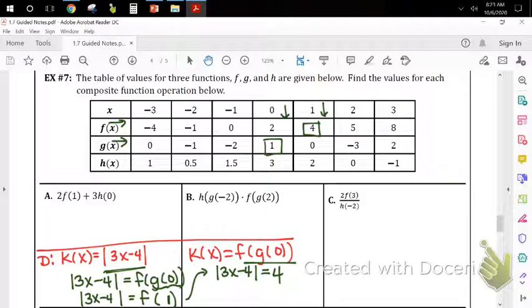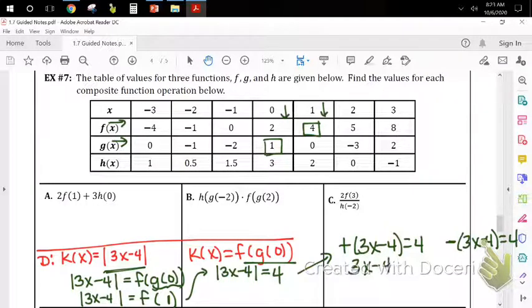So that means we're going to take that 3x minus 4, we're going to take the positive of it, and that could equal 4. Or we could take the negative of it, and that could also equal 4. And so we need to solve both of these. So we get 3x minus 4 equals 4. I'm going to add the 4, so it gives me 3x equals 8, divide by the 3, and so we find that x is equal to 8/3.